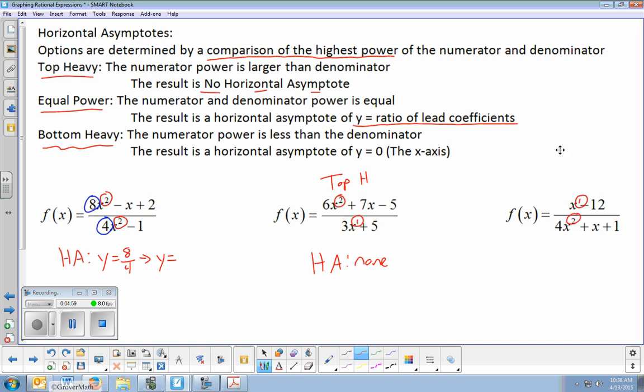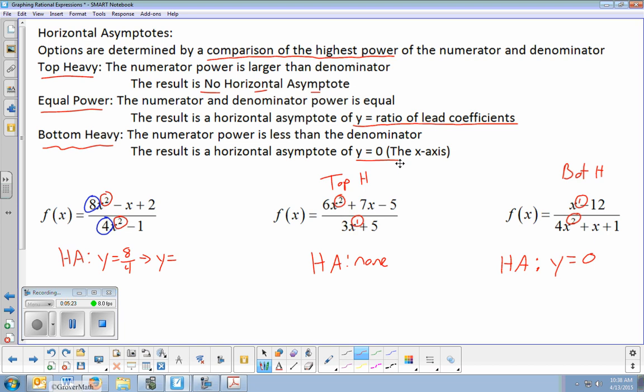This is my bottom heavy scenario. In a bottom heavy scenario, you do have a horizontal asymptote, but it's really simple. Anytime it's bottom heavy, the horizontal asymptote is y equals 0. So no worry about coefficients or anything else like that. The result is always y equals 0 in a bottom heavy scenario.